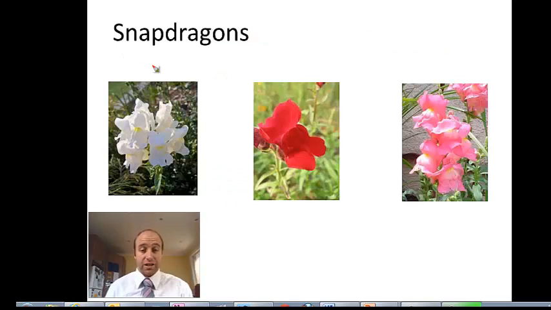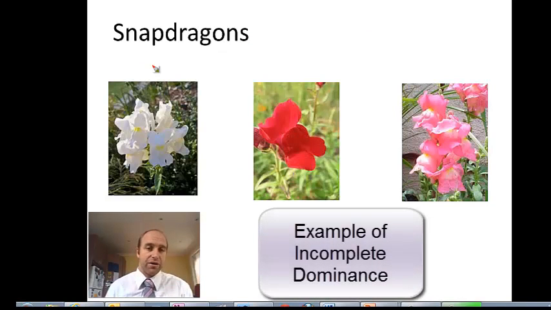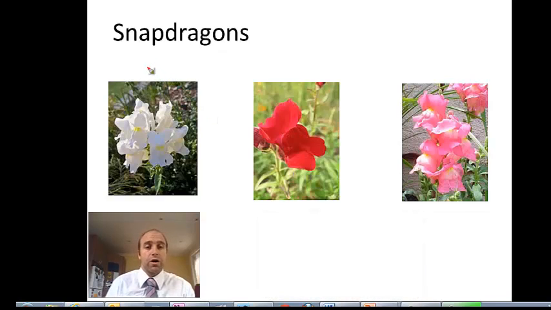Okay, let's have a look at an example here, and we're going to look at snapdragons, which are a type of flower. Not dragons, you might be a bit disappointed. And we have basically two genes involved. One gene that codes for white and one gene that codes for red.